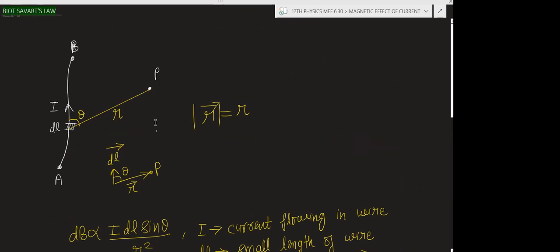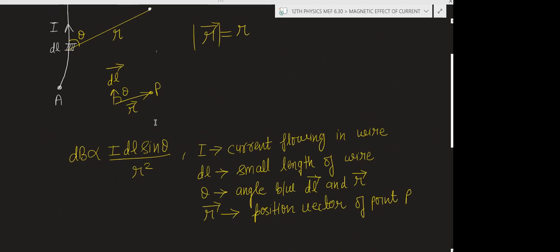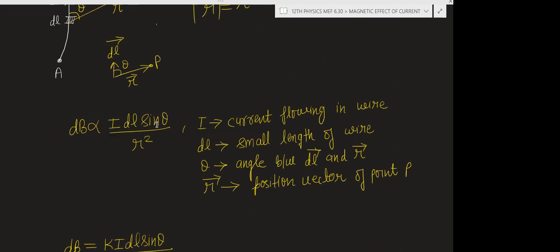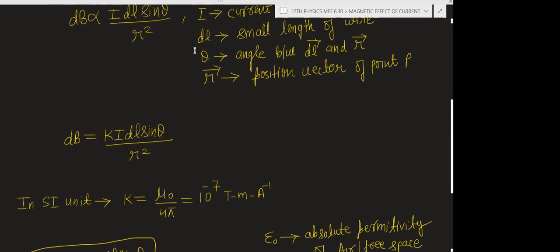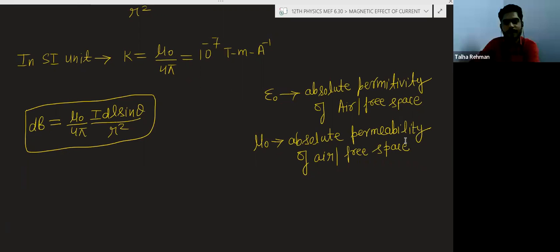You cannot calculate the magnetic field due to the whole wire with the help of Biot law. Like Coulomb's law is for point charges, similarly Biot law calculates the magnetic field for small current elements.